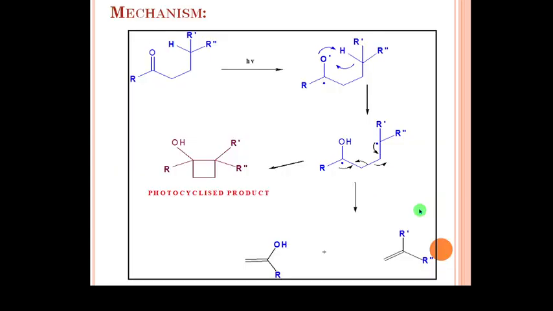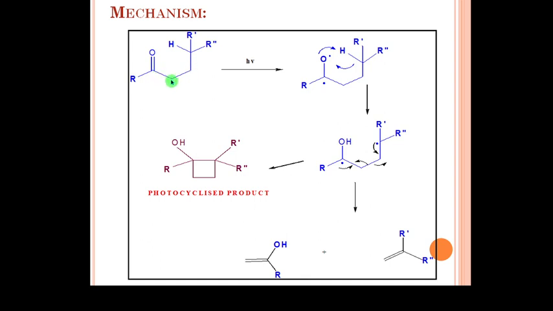What is the mechanism involved? In general, we can take an example like a carbonyl compound which possesses a gamma hydrogen. Once again, I have given R dash and R double dash, which shows that different substitutions are possible here.